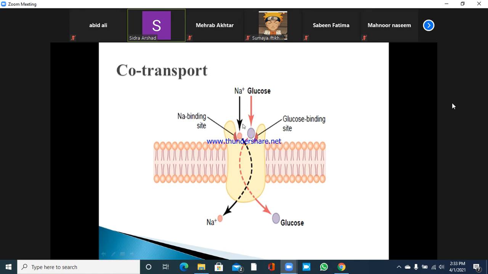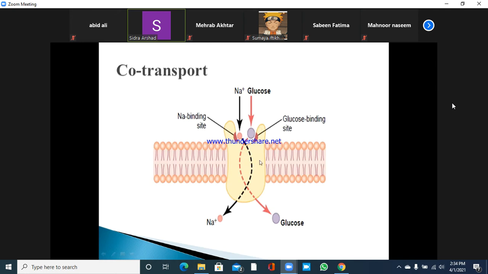And you see that the sodium is moving along the concentration gradient, but that gradient was basically developed by the sodium-potassium pump. So this gradient was established by the utilization of energy. It was not established just like that, right? Since this gradient was established by the activity of the sodium potassium pump, energy was utilized.